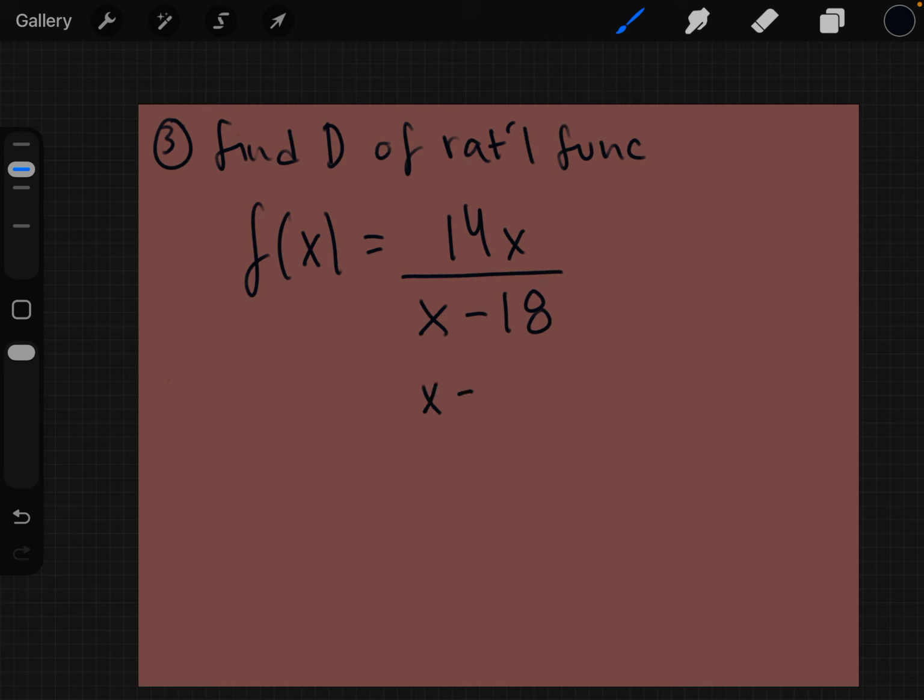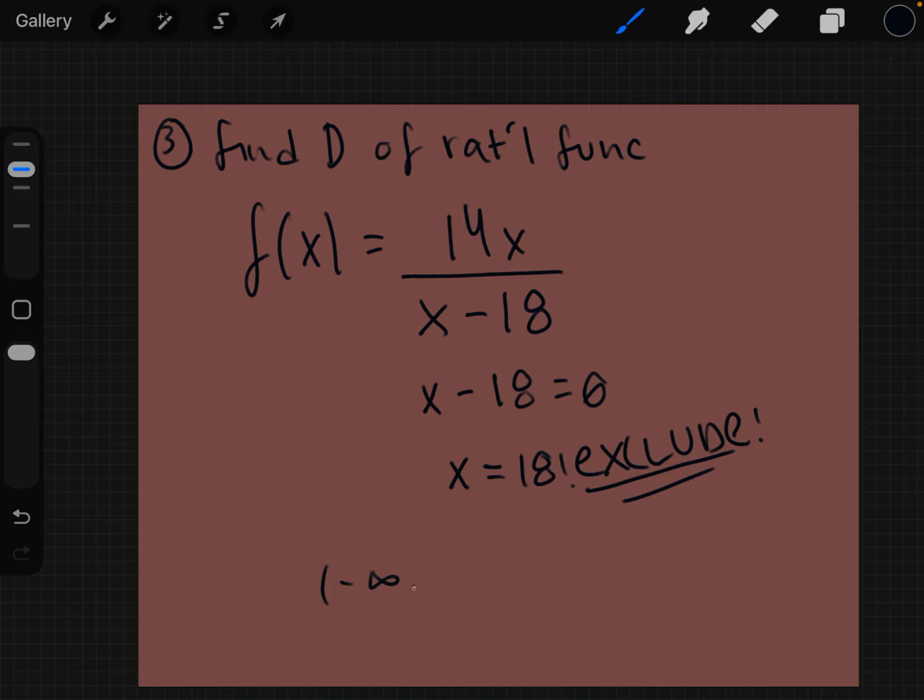So we set this equal to 0, solve, and we have to exclude this value from our domain. So that's our domain. Pretty straightforward.